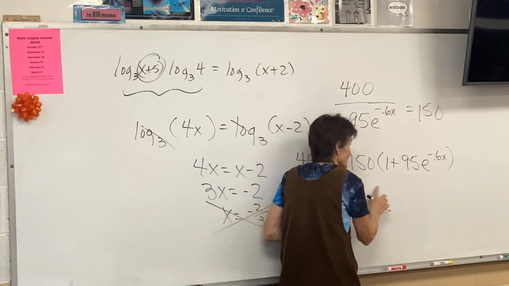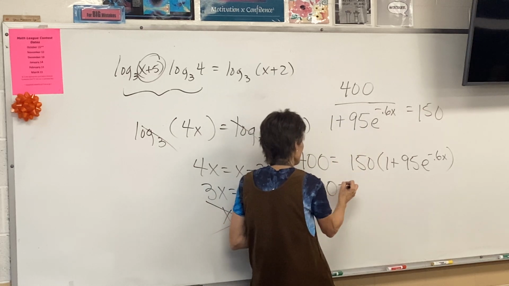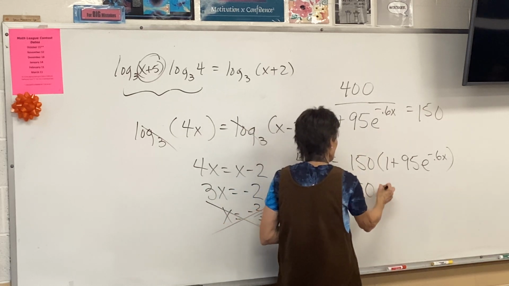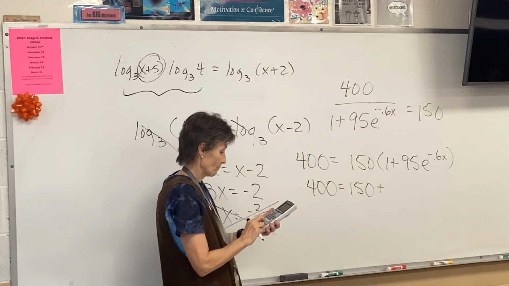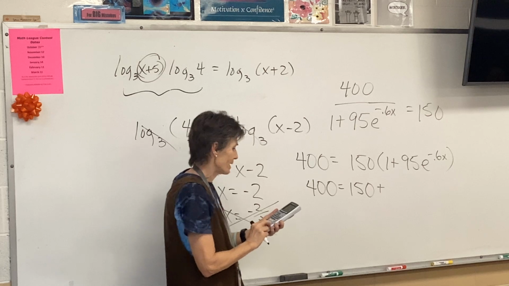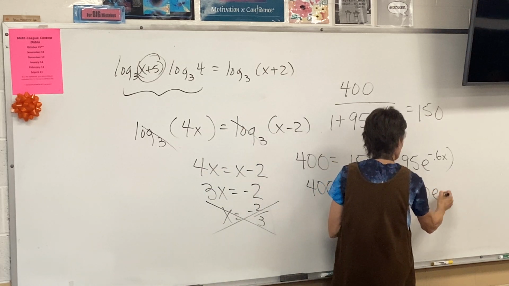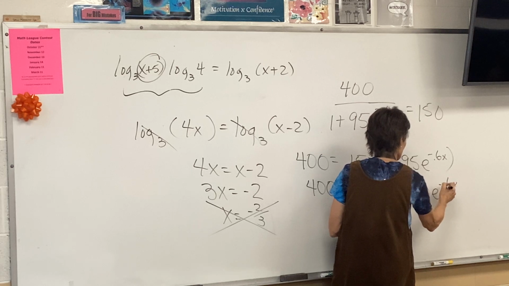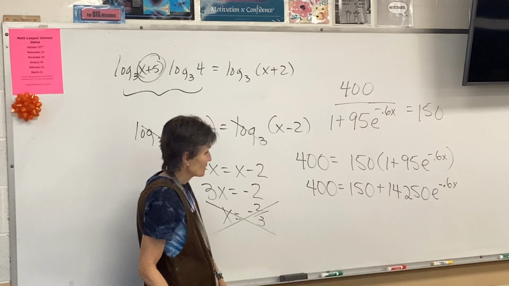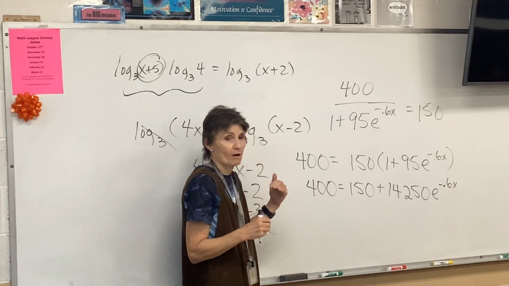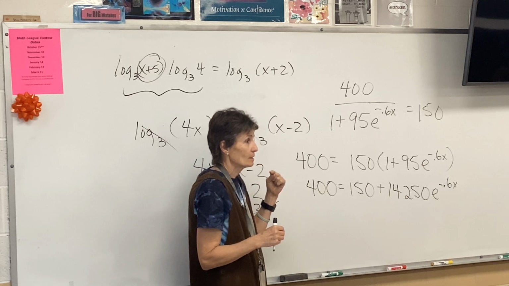Now, what makes sense to do now? Distribute. So 400 equals 150 plus 14,250 e to the negative 0.6x. So what did I do first?